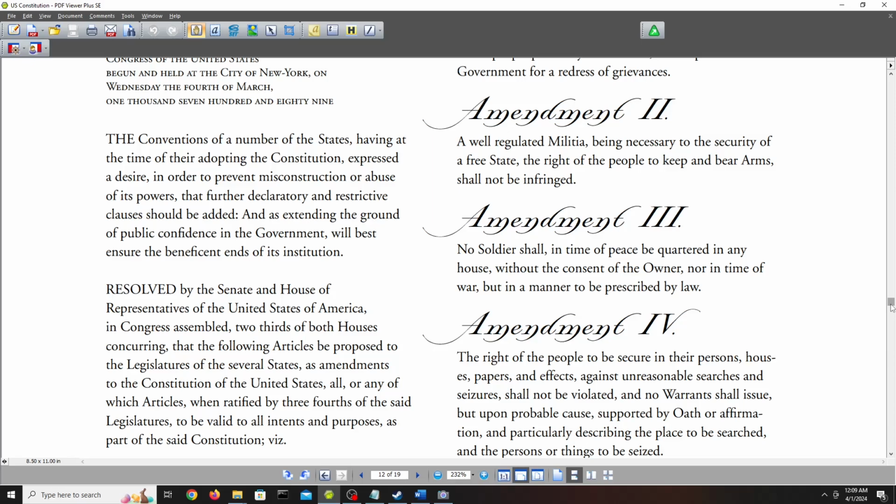Now, like I said before, all three branches of government belong to the people, but they're managed by the public servants.